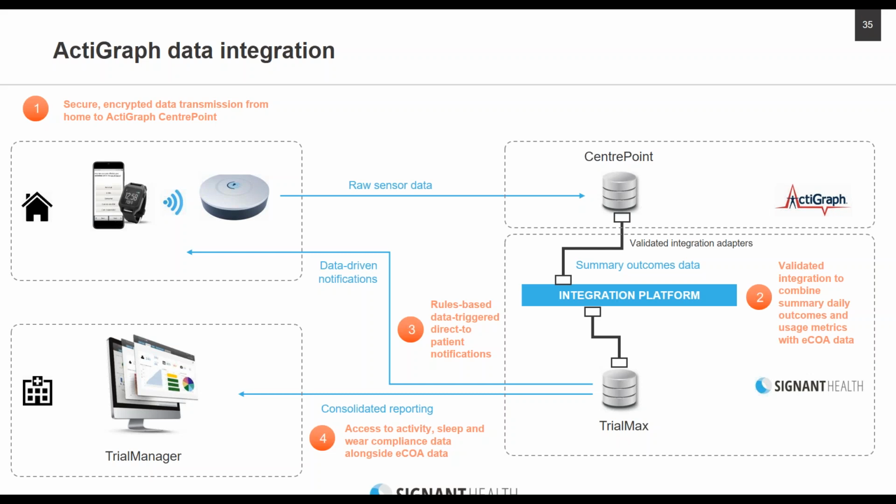The difference then is that through our integration platform, we pull the summary outcomes data through into TrialMax, and we're able then to present that through our Trial Manager portal, which allows for data-driven notifications. These can be rules-based triggered data notifications, and we can send these direct to patient as well. And it also allows us to present the data in a consolidated reporting solution.